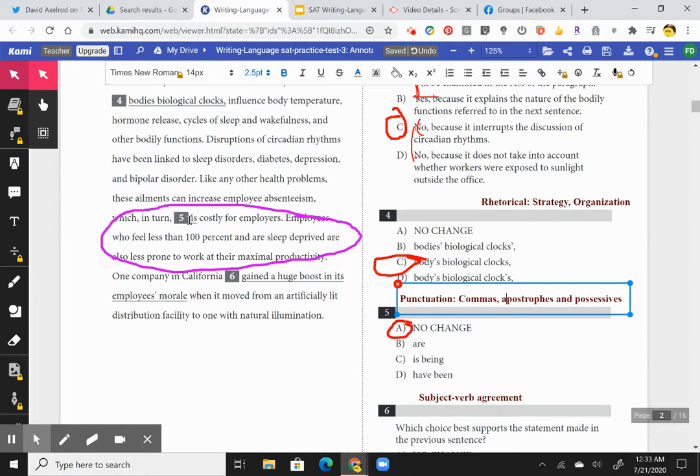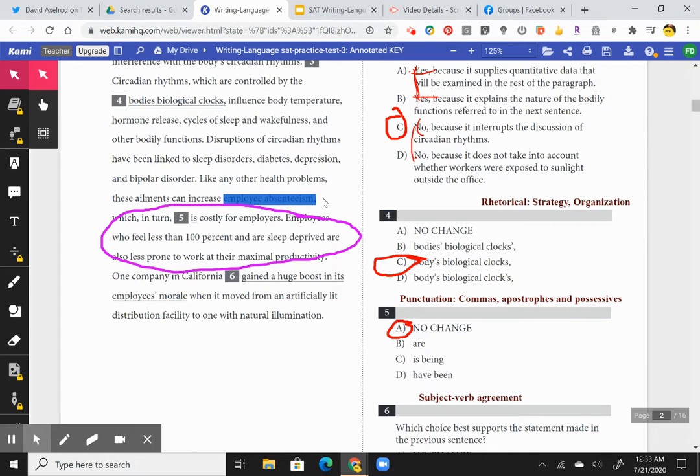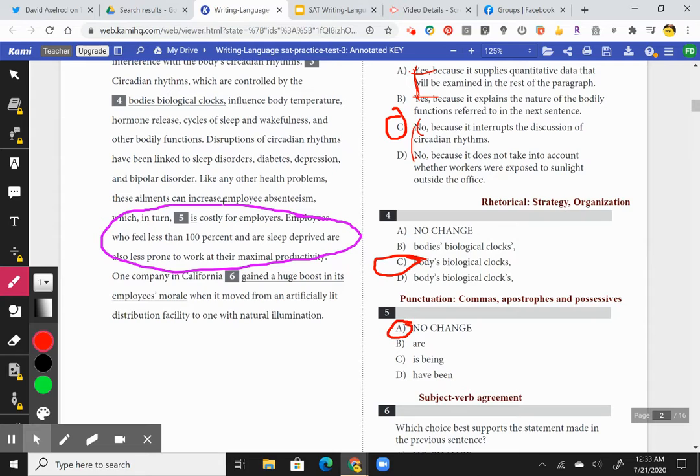And in this case, breaking it down, it would be absenteeism. It wouldn't be health problems. It's employee absenteeism that we're trying to deal with here. Employee absenteeism is singular, so it would be employee absenteeism is costly for employers.